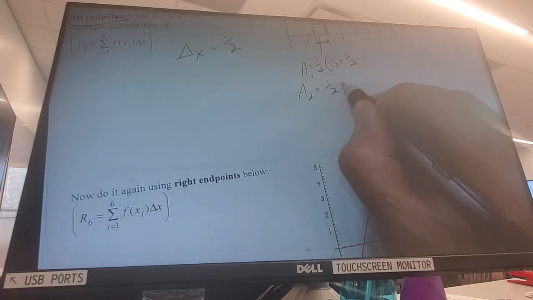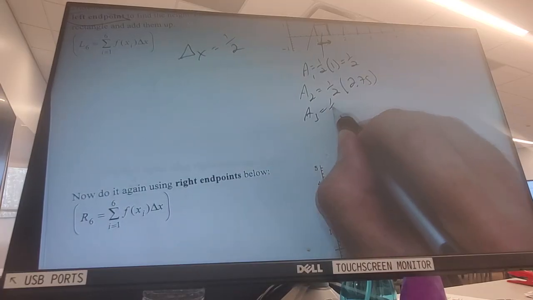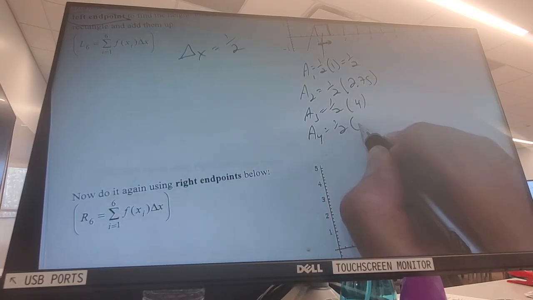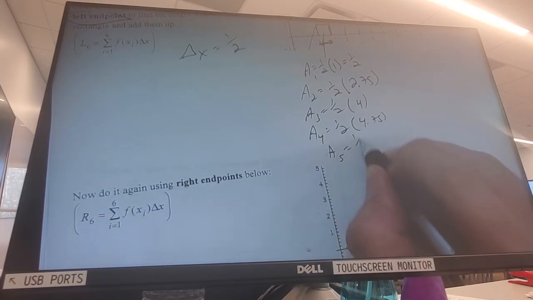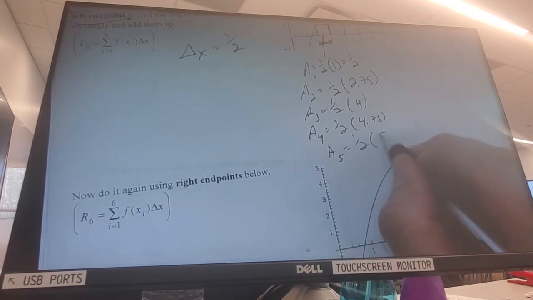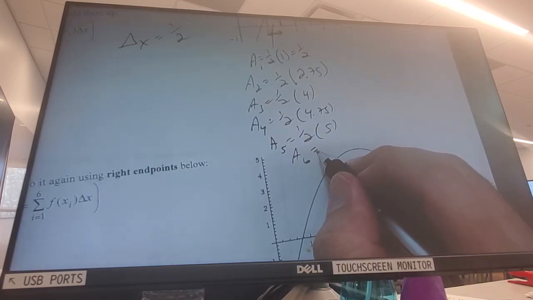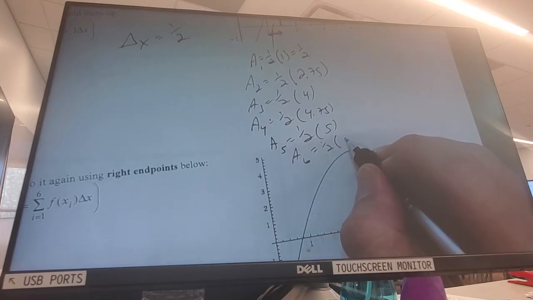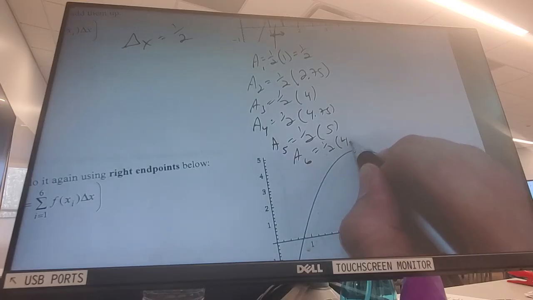My second rectangle is going to be 1/2 times 2.75, then 1/2 times 4, 1/2 times 4.75, 1/2 times 5, and then finally 1/2 times 4.75.